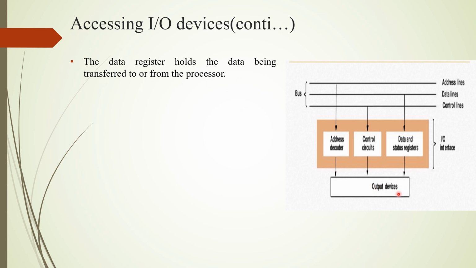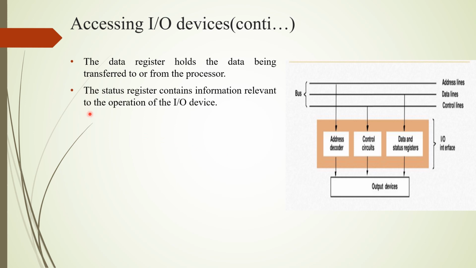If it is an input device, the data will be transferred from the input device to the processor through this data and status register. If it is an output device, the data from the data lines will be transferred to the output device through this data and status register.